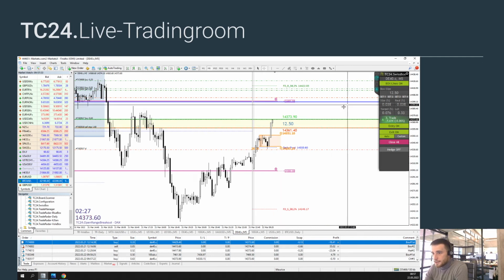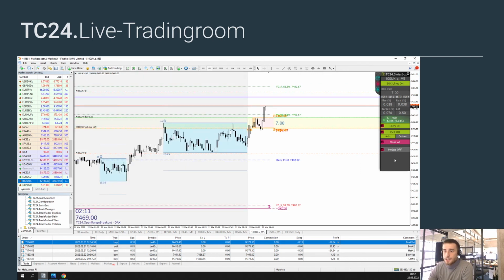For me, I need 25 points from my buy order to my take profit. So there you can see 25 points to the take profit, and of course 25 points down on the bottom side, which is just before the daily pivot. So we should expect the market to reach one of those two areas at some point after the opening. So it seems the most logical way to release that trade indeed.